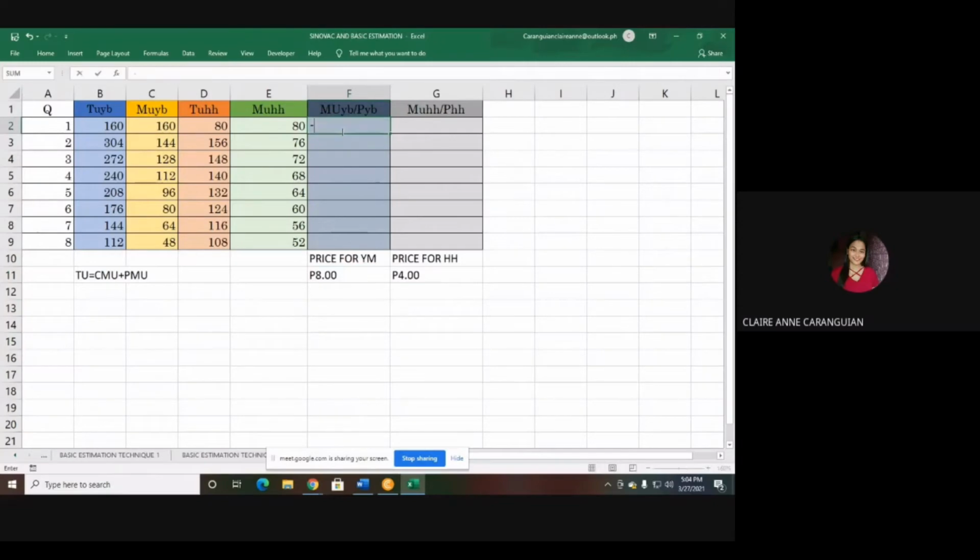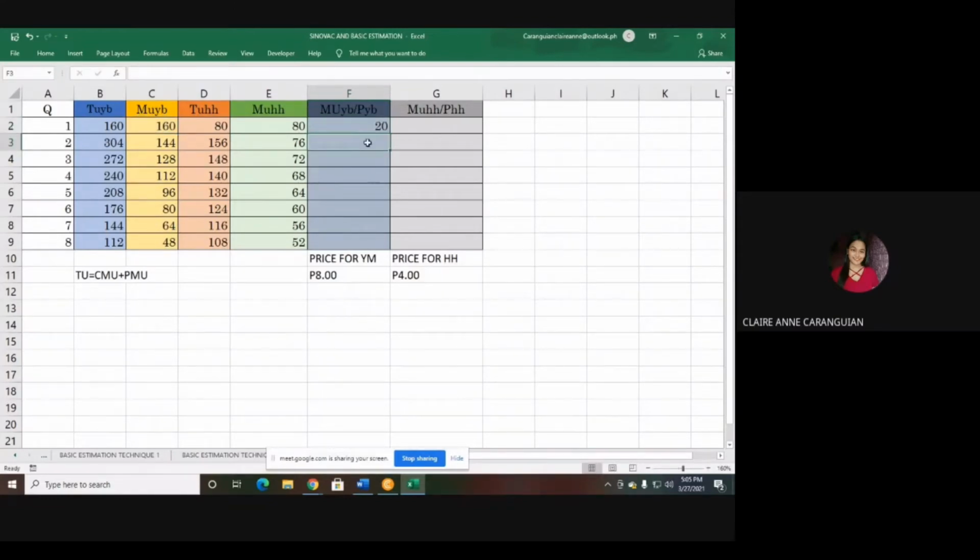Let us compute again. The formula is here. The marginal utility of Yum Burger, 160, divided by the price for Yum Burger, which is 8 pesos. So 160 divided by 8 is equal to 20.